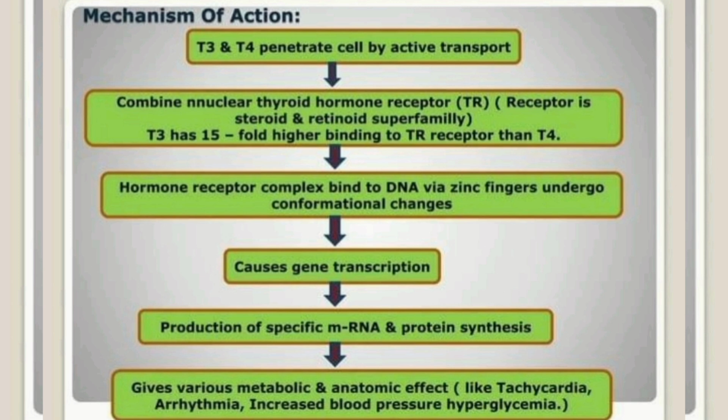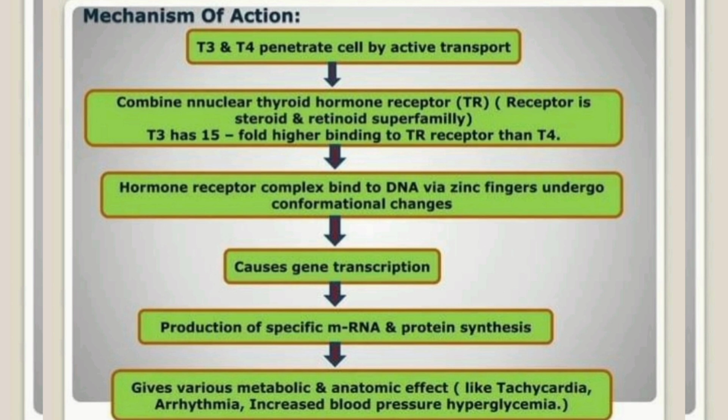Mechanism of action: T3 and T4 penetrate the cell by active transport. They combine with the nuclear thyroid hormone receptor, that is TR, which is a receptor of the steroid and retinoid superfamily. T3 has 15-fold higher binding to the TR than T4.